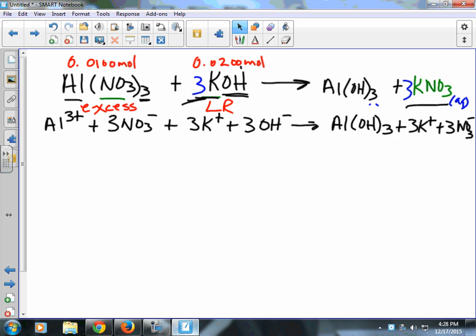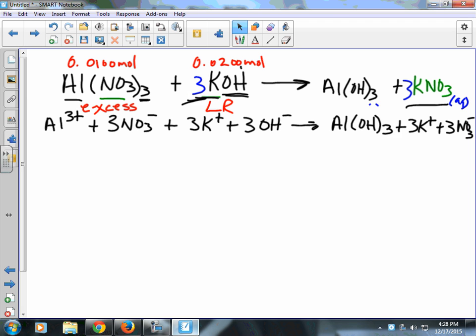Once again, the way I figured that out, I took this 0.01 moles of aluminum nitrate, I converted it to moles of aluminum hydroxide, got that answer. Then I took the 0.02 moles of KOH, converted it to 0.02 moles of aluminum hydroxide.